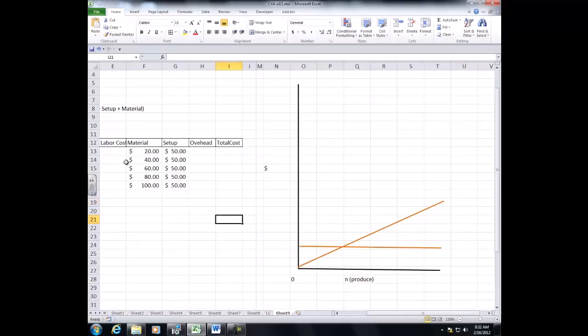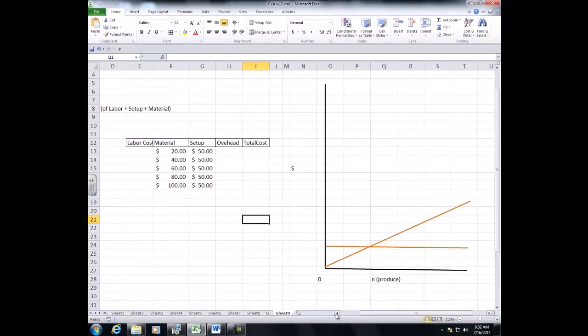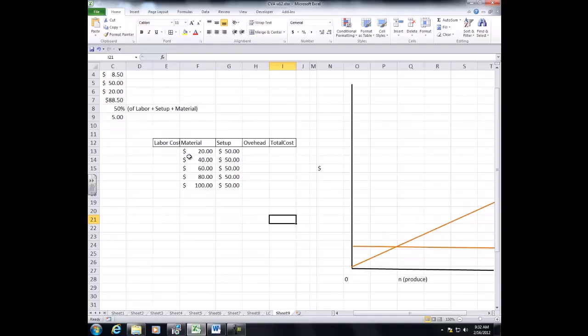How about the labor cost? What do you think is the behavior of the labor cost here? We know that the more units you produce, your total labor cost will increase, right? But what will be the behavior of the labor cost? Will it be linear?